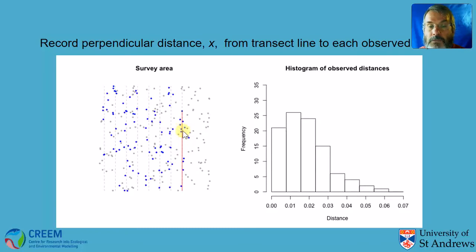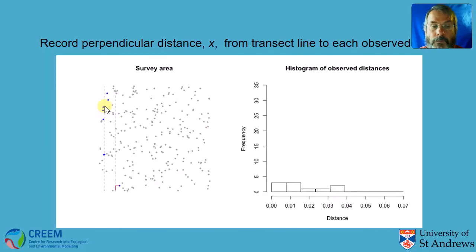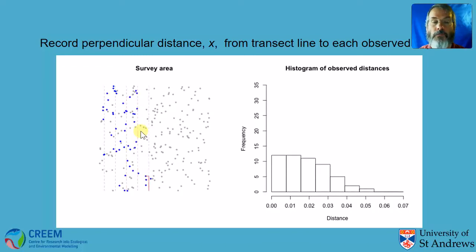And if you'll notice, for each animal that you detect, there's a perpendicular distance being measured. See those red segments of lines showing up at right angles to the long transect line? So for each of those detections that you make, you're also measuring the perpendicular distance at which those detections were made.